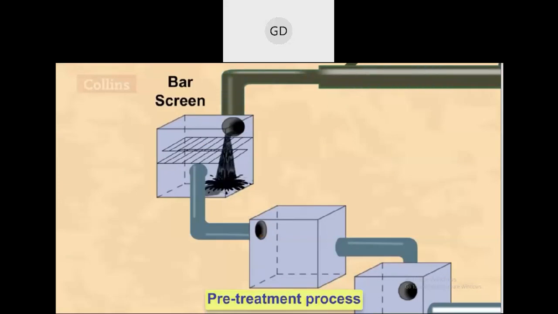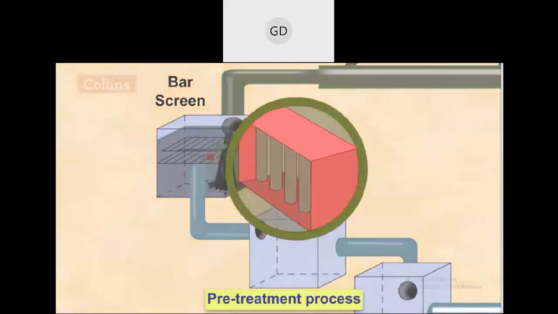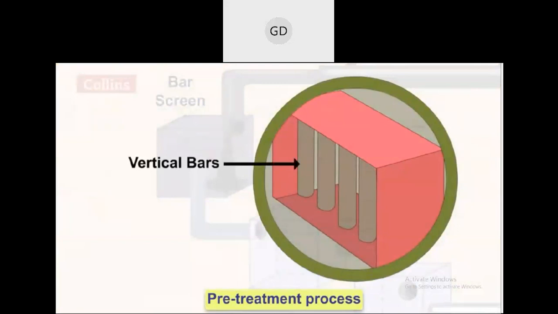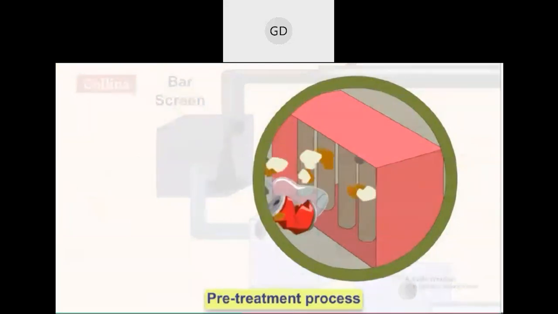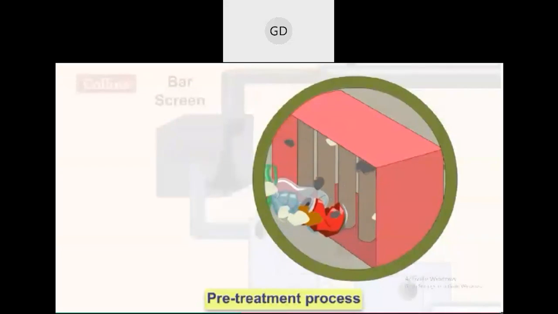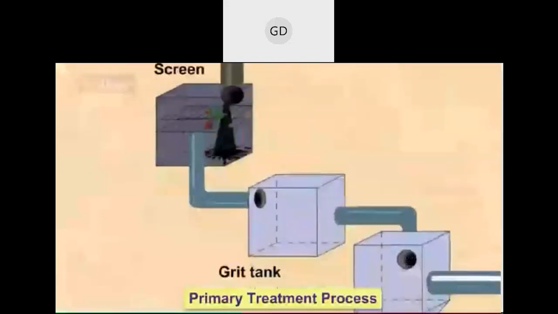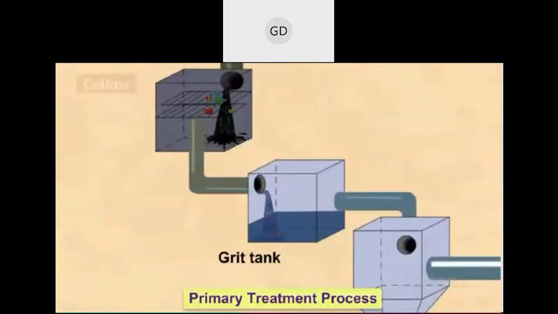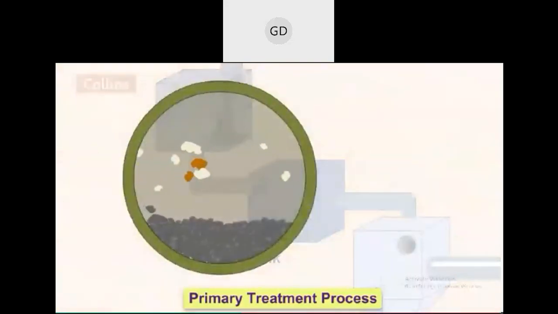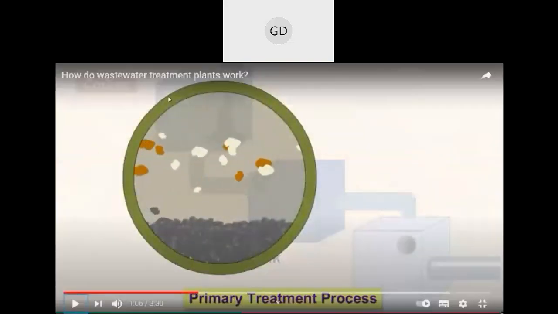Cities and towns have sewerage systems in place to carry the wastewater from our homes, hotels, factories, and other establishments to a sewerage treatment plant where the wastewater is treated.